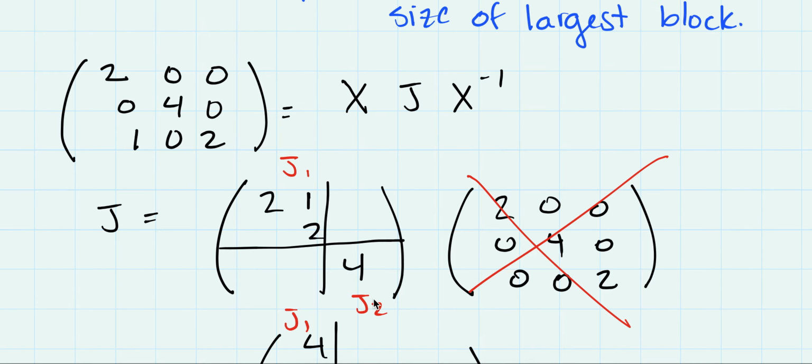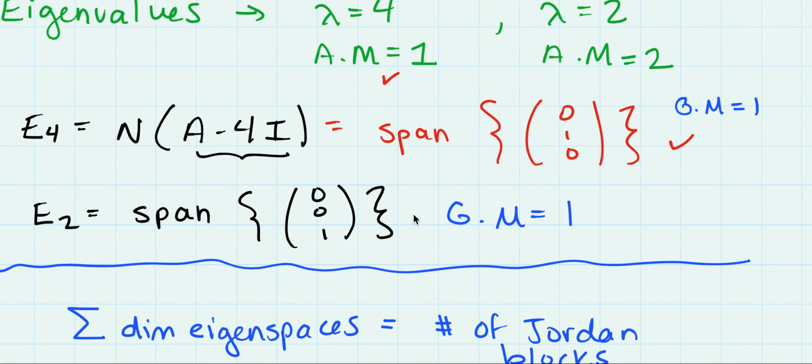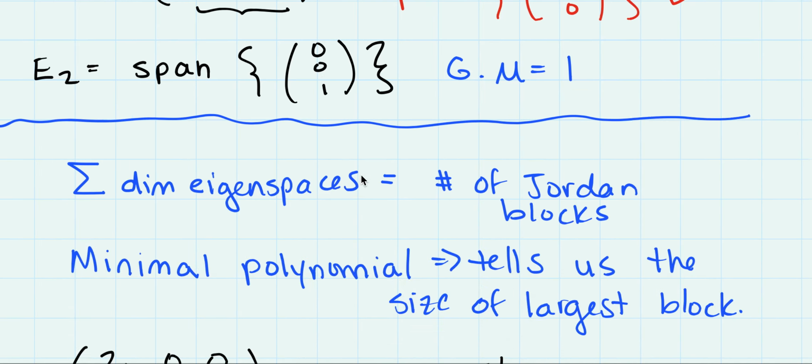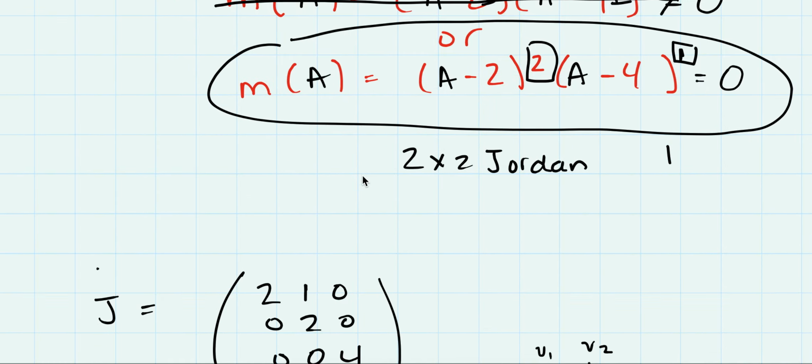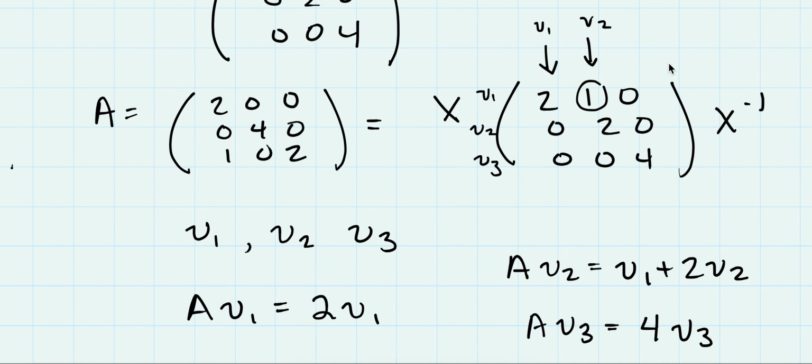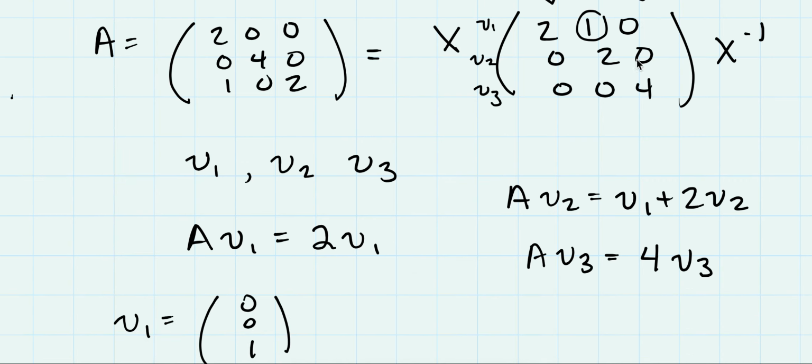So you can choose any eigenvector in the 2 eigenspace, which the 2 eigenspace, if you recall, let's move up just to see what it was. The 2 eigenspace is any linear combination of 0, 0, 1. So you can just go with 0, 0, 1. Let me scroll back down. So we can let v1 be 0, 0, 1. And v3, we want it to be an eigenvector of the 4 eigenspace.